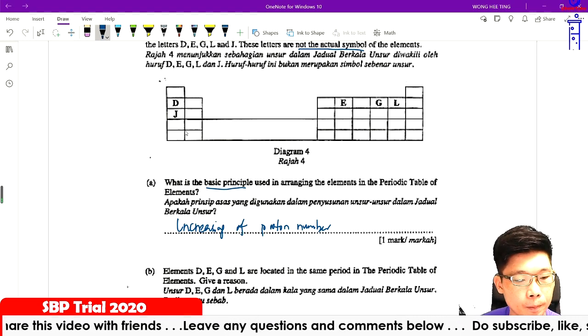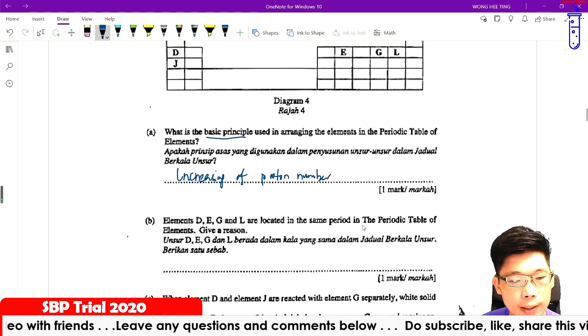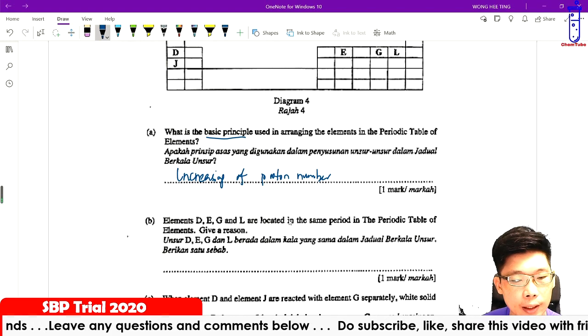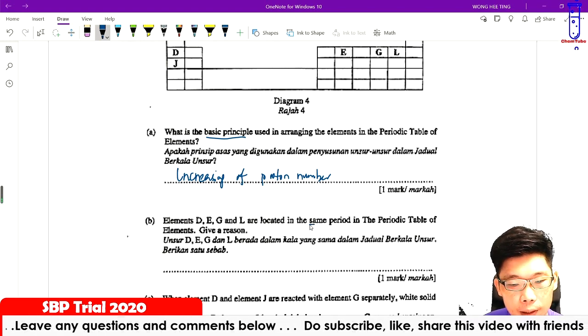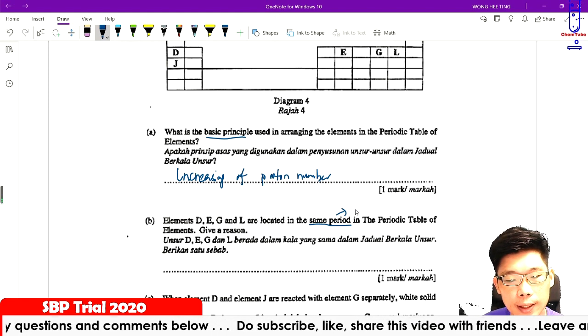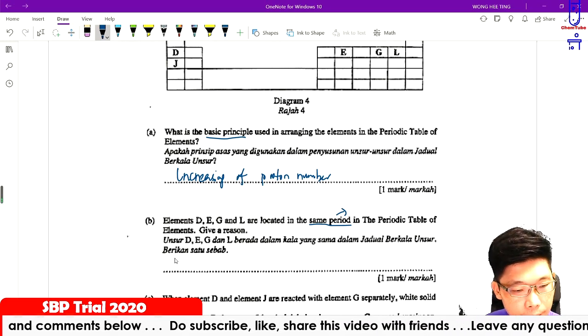Elements D, E, G, L are located in the same period. Give a reason. If same period, they have the same electron shells occupied with electrons.